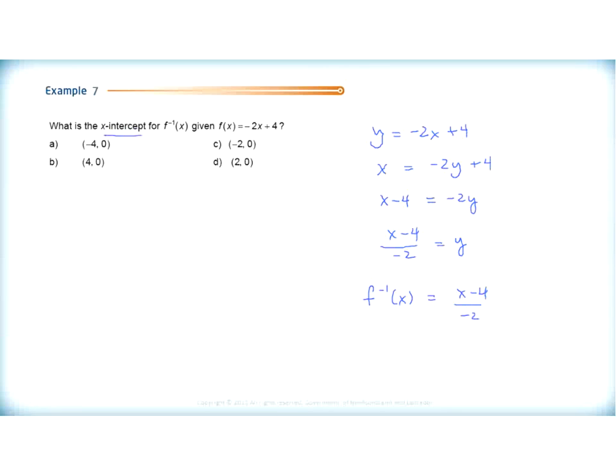I'm looking for the x-intercept. To find the x-intercept, you should know that we let y equal 0. Always do that. y is f⁻¹(x), so I let that be 0 = (x - 4)/-2. Cross multiplying here, I get x - 4 = 0. x is equal to 4. The x-intercept is 4.